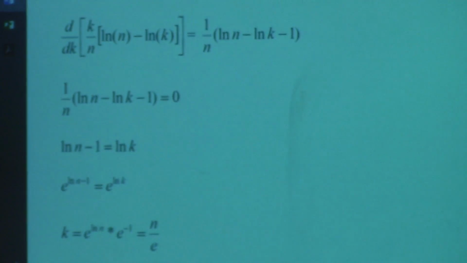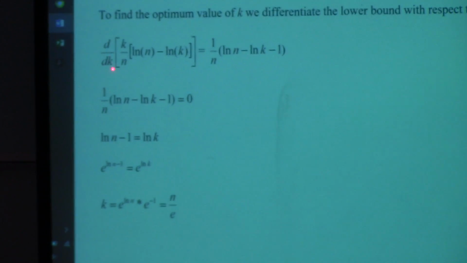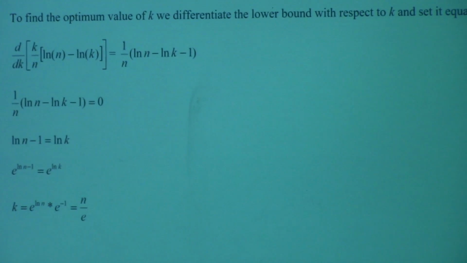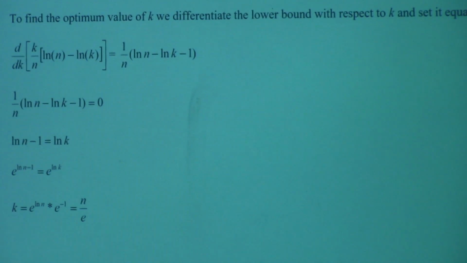So d/dk means the derivative with respect to k. And I'm using d/dk because I want to make sure that you don't think n is the variable. It's not. k is the variable. So the derivative is going to be k n times the derivative of all of this. So we're going to have 1 over n times natural log of n minus natural log of k minus 1.